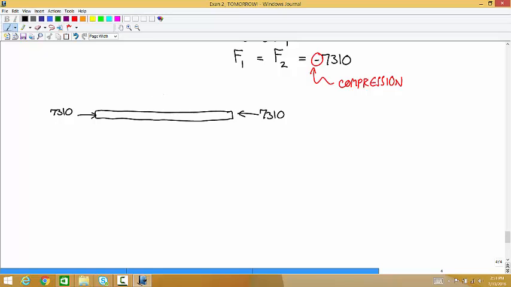So if this is the coordinate system, the XX stress is equal to negative 7310 divided by the cross-sectional area, which I think I gave as 0.005 meters squared.